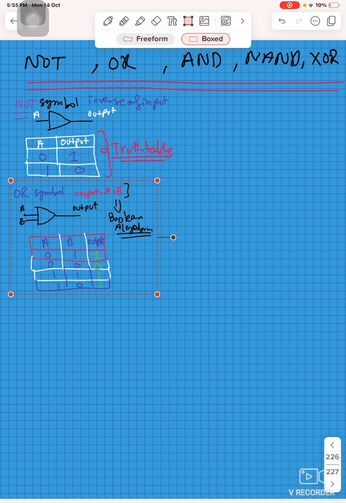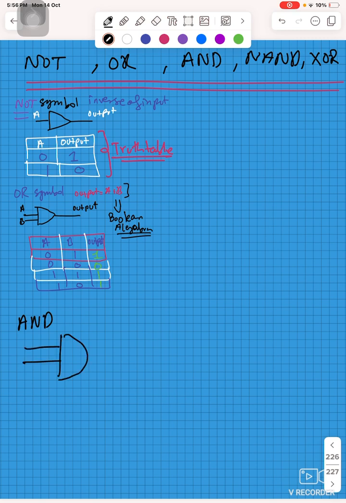Then we talk about the AND gate. The AND gate is the opposite of the OR gate, and we can say it is a multiplication type. Again, two inputs and one output.